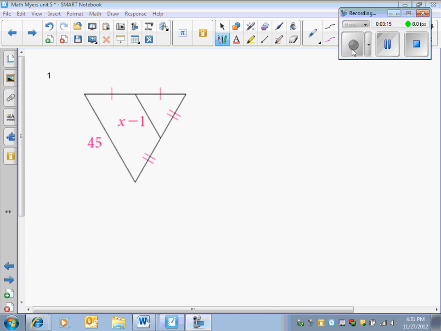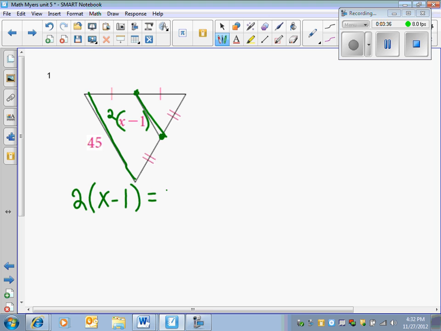My next review question is this one. The mid-segment connects the middle of one side to the middle of the other side, and then I need to find out which side is parallel. Here it is. Those two are parallel. I always grab my mid-segment and multiply it by 2. The setup here, since this is an expression, is 2 times the quantity x minus 1 is equal to 45.